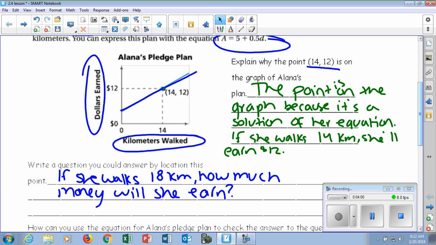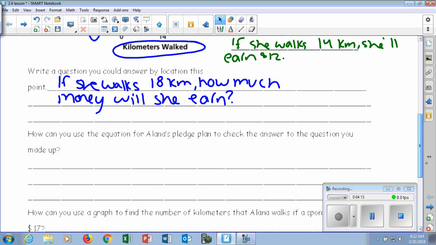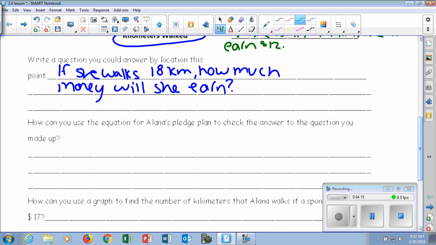Next question, it says, how can you use the equation for Elena's pledge to check the answer to the question you made up? Well, how can we use that equation that they told us at the front, which I'm going to rewrite right here so we can see it since I scrolled down. The equation was A equals 5 plus 0.5D.